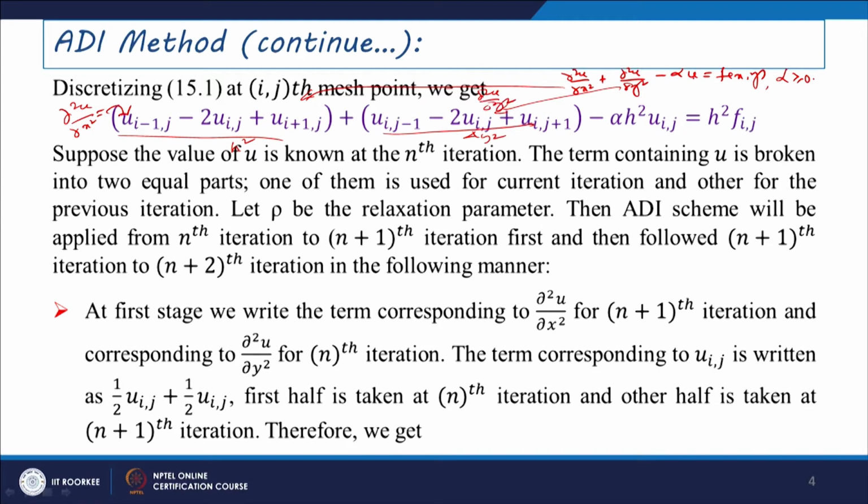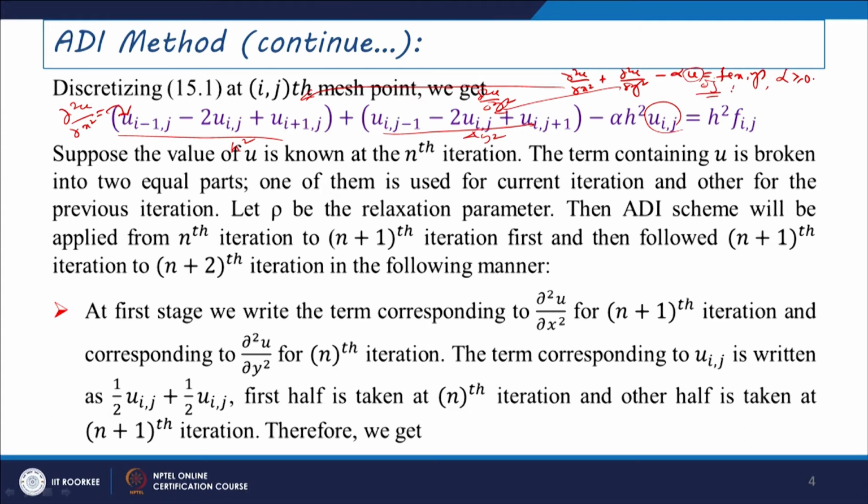And since alpha is there, u is defined at the i j grid points, we are discretizing this total partial differential equation at the i j grid points. That is why this point is written as u i j, and the last point is written as f of x y, defined at the x i and y j point.